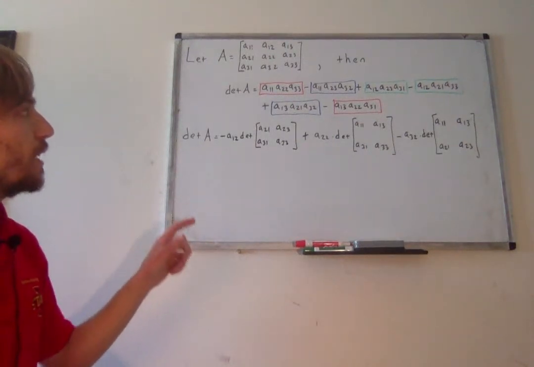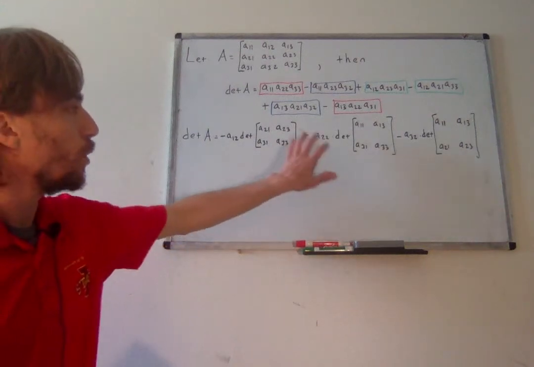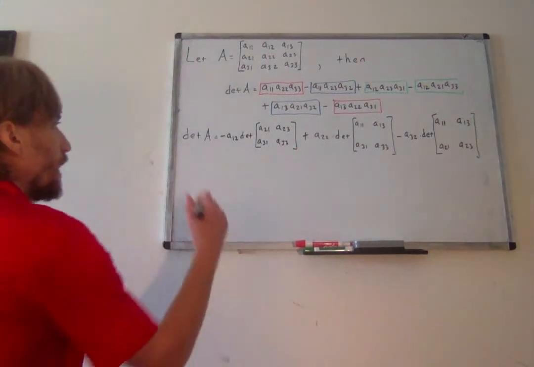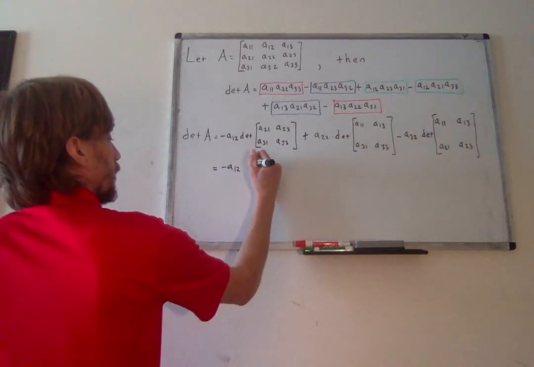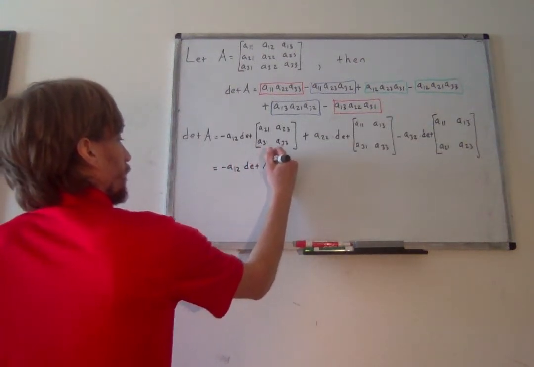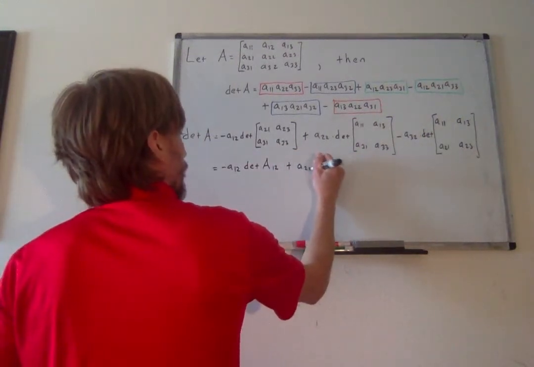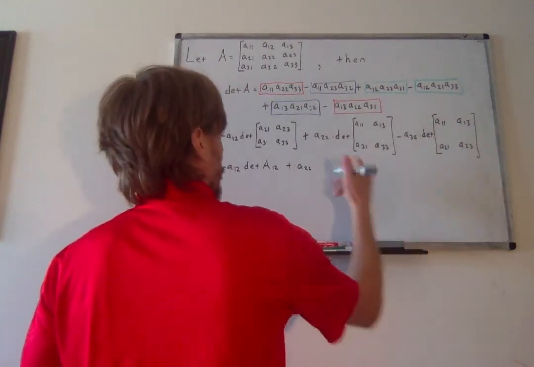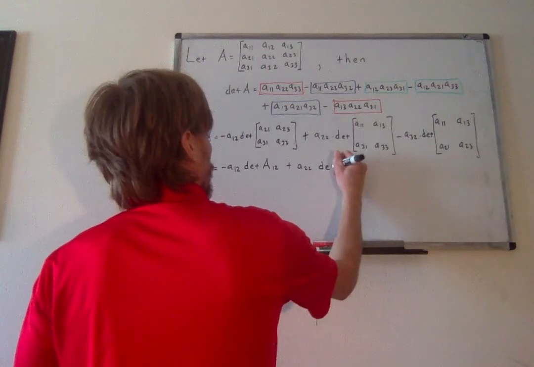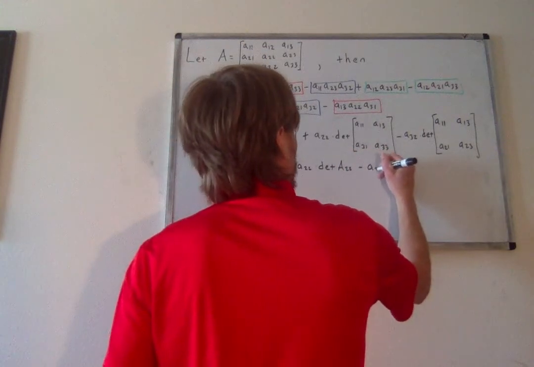And each time I could find a way of organizing this so that I was multiplying by the determinant of what turns out to be a submatrix of A corresponding to the indices of the term I pulled out.